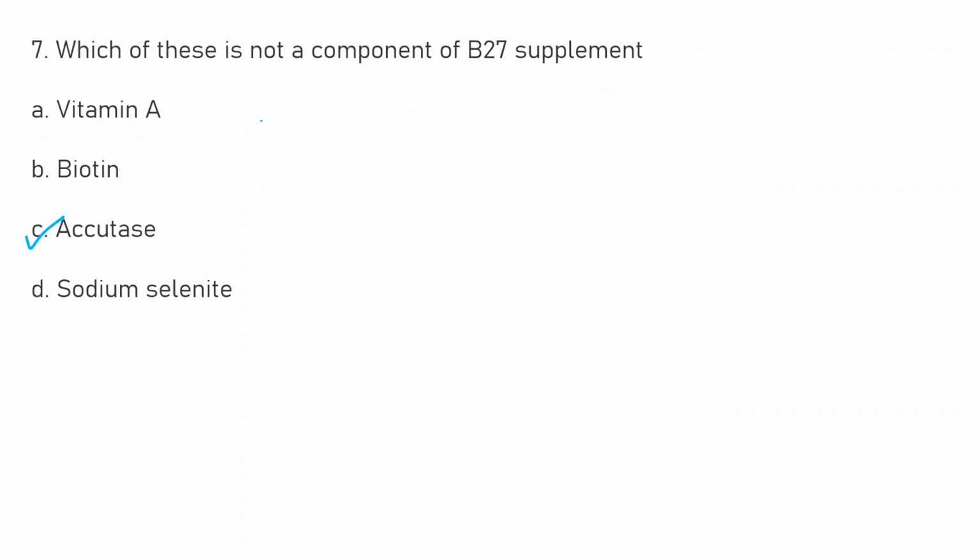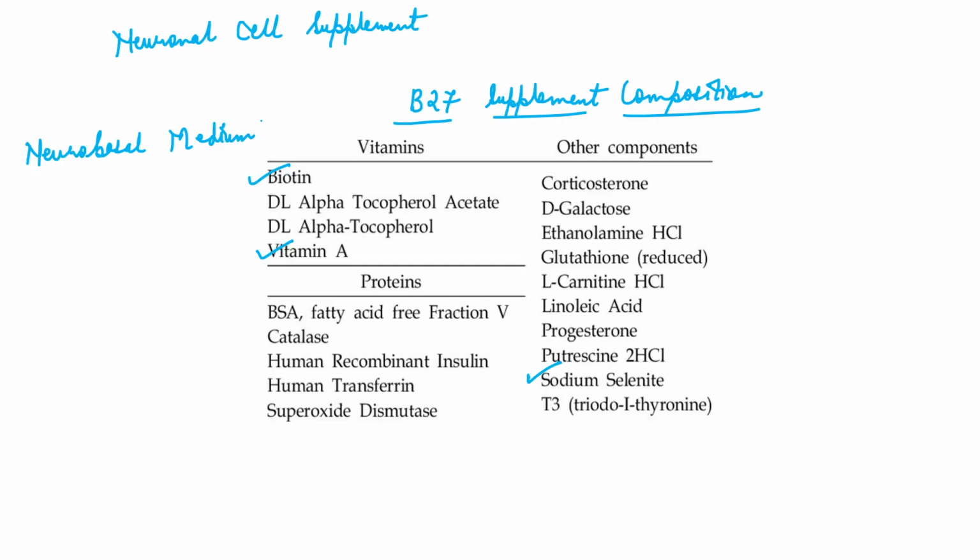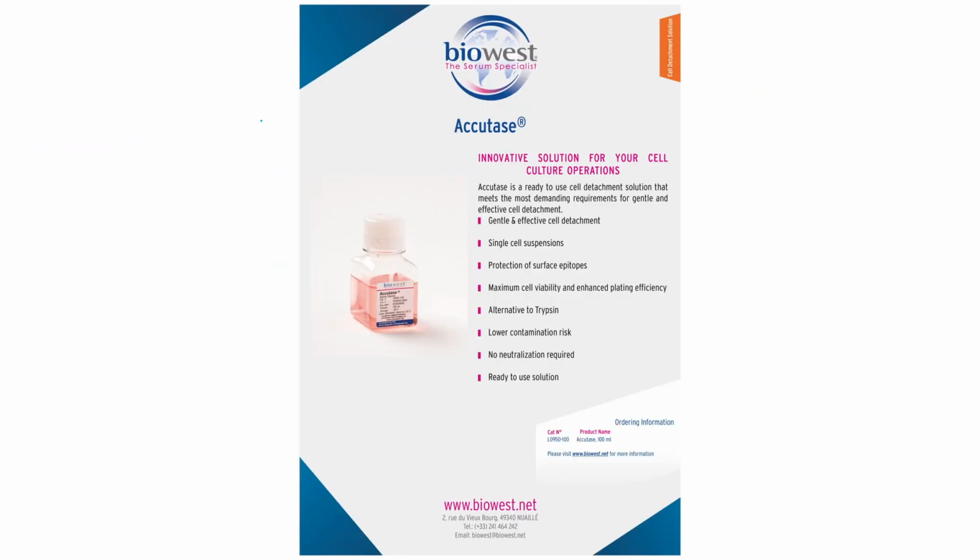And the component that the question mentioned, accutase, is somewhat like trypsin, and it is used for cell detachment. Accutase is different from trypsin in that it is not acquired from any animal.